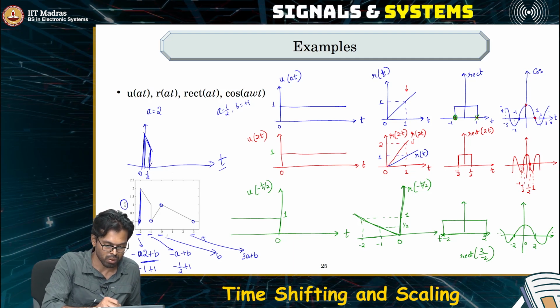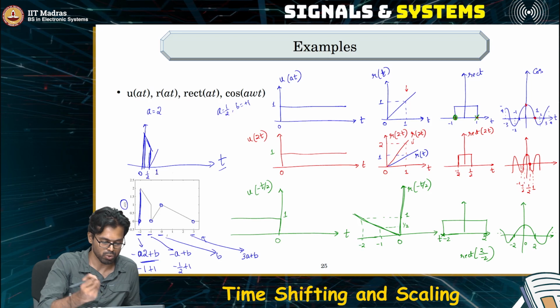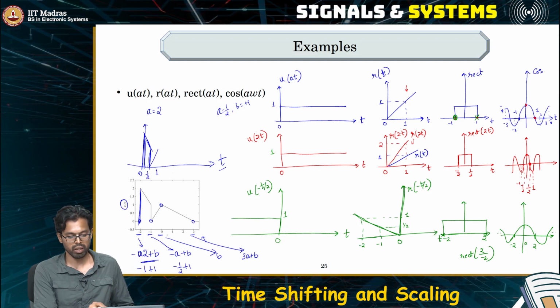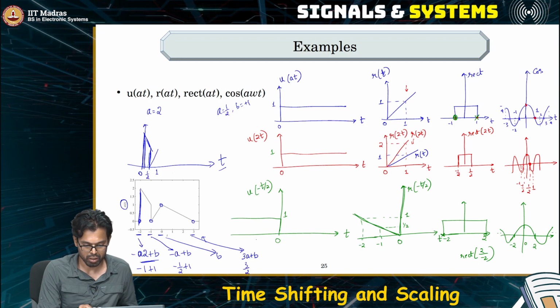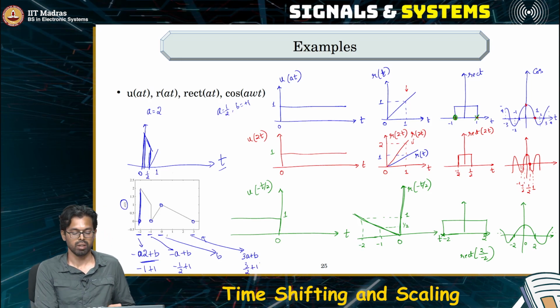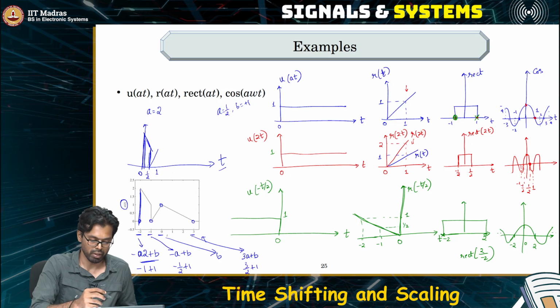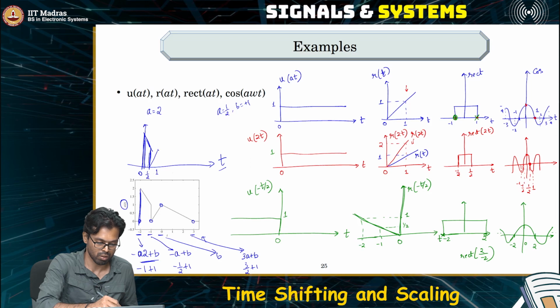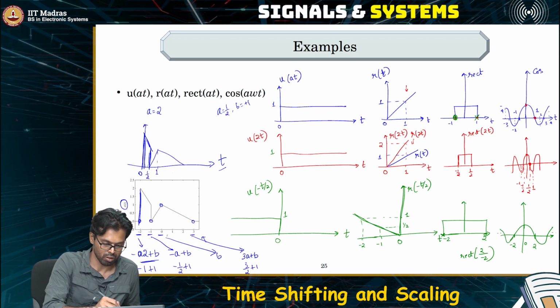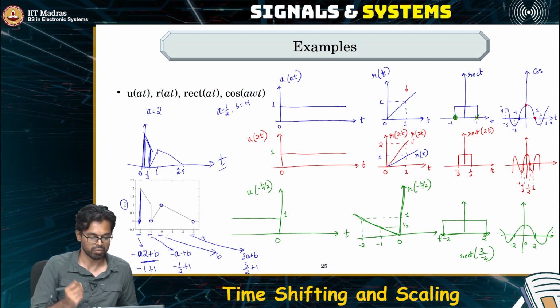So this is 1. And the 3 point, time t equal to 3, moves to 3 by 2 plus 1, which is 2.5. This is 2.5.